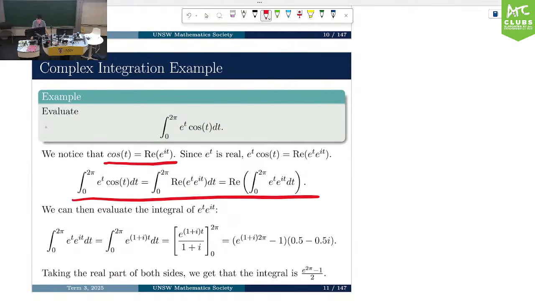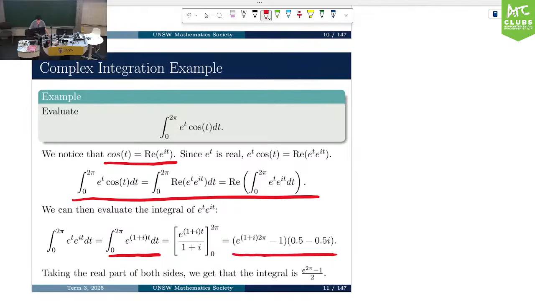I hope we can see why this integral is much nicer, because we can combine e to the power of t and e to the power of it using index laws. So it becomes this, which is just an exponential function, much easier to integrate. We just integrate and substitute in the 2 pi, and we have this thing afterwards.